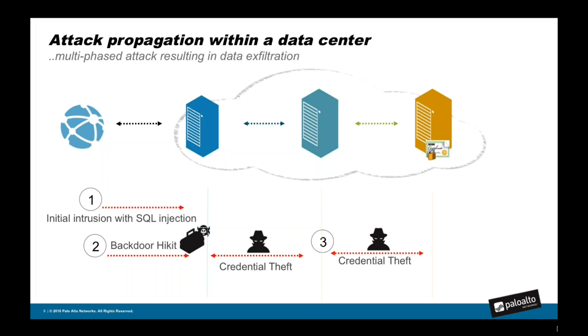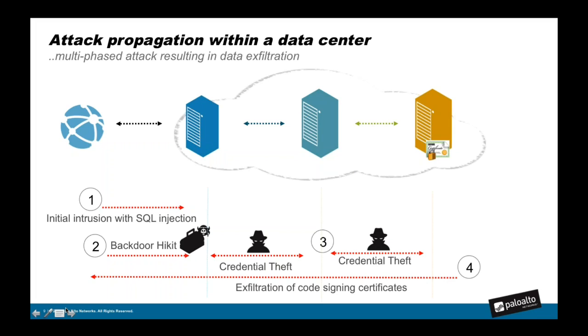Once they gained access to that certificate server, they were able to sign and exfiltrate those certificates and use them to whitelist the attack tools which they were leveraging in their original campaigns.